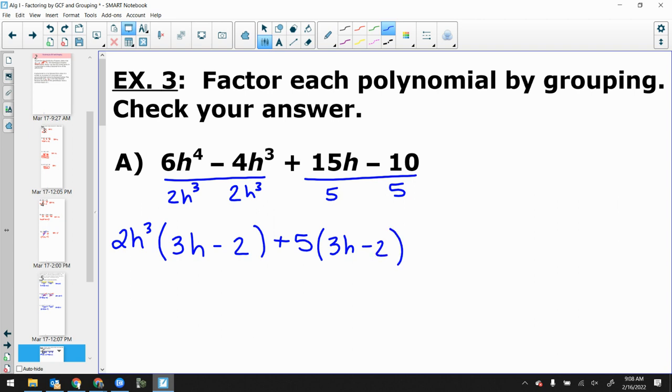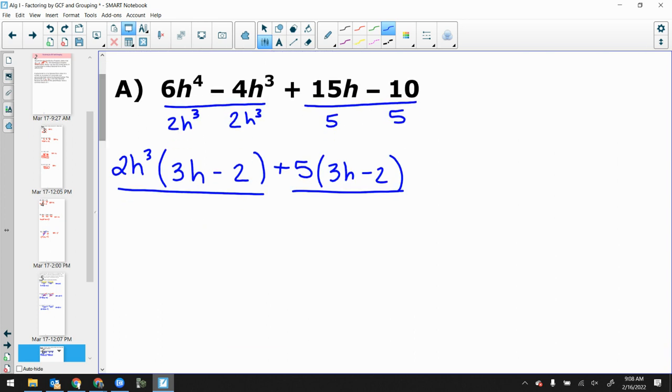And now this becomes just like what we did on the bottom of the first page. Do you recognize it now? Do we see it now? I've got that binomial in my chunks that I looked at before, here and here. My GCF is a binomial, right? So now this turns out as a 3h minus 2 as my GCF for both chunks.